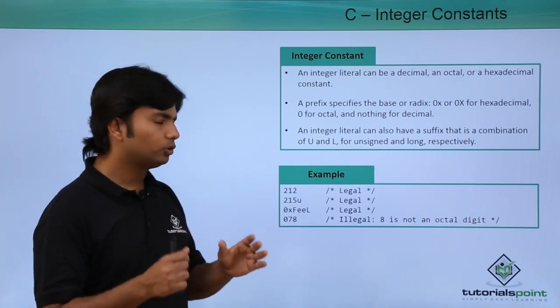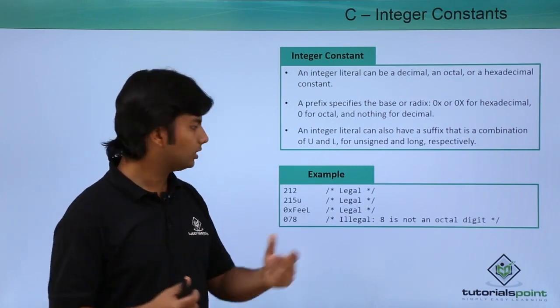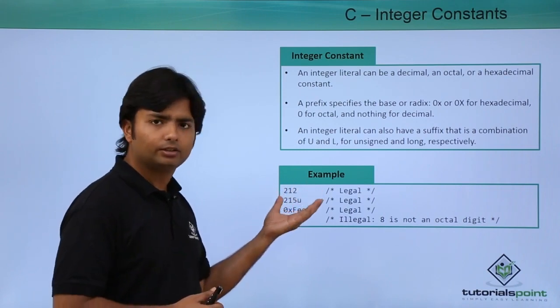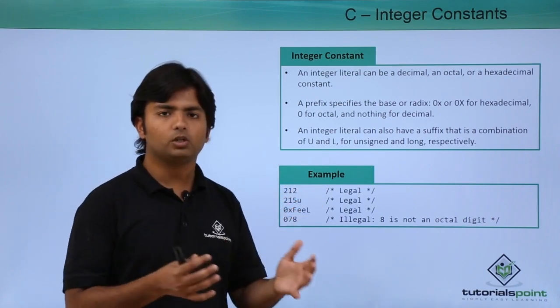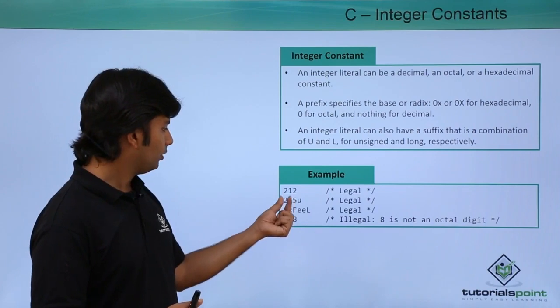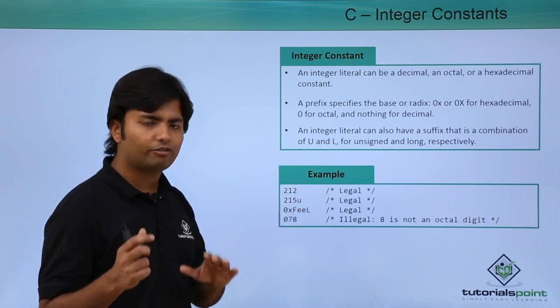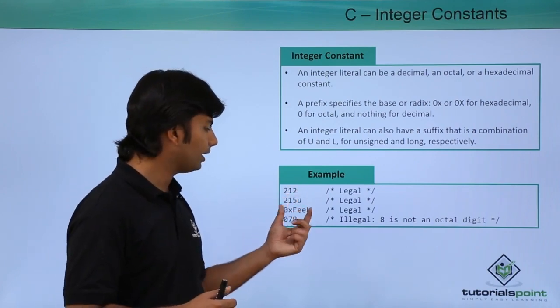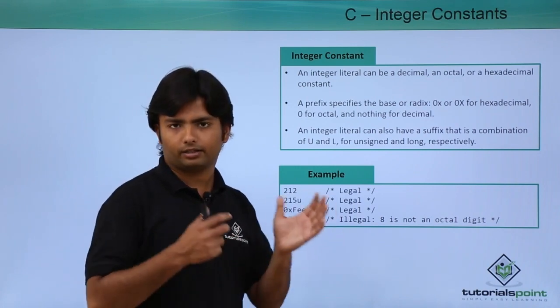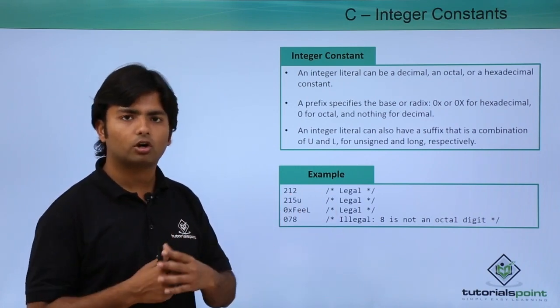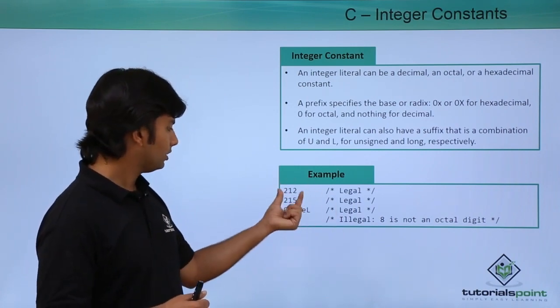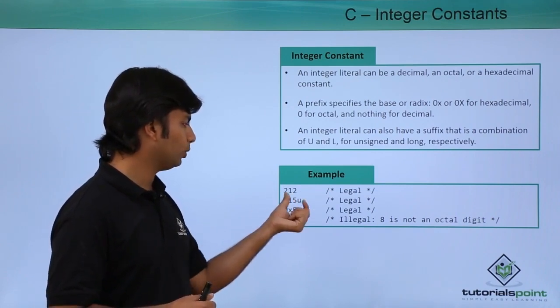So in case you want to write any normal number, you can write like this, like here 212 is a normal whole number. But if you write the alphabets like U and L, it will be unsigned or long numbers, and you can write them like this, like 215U.